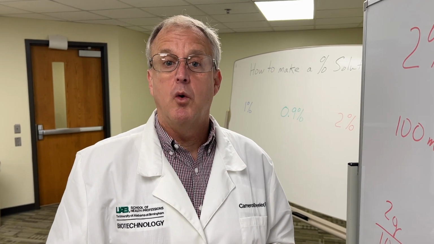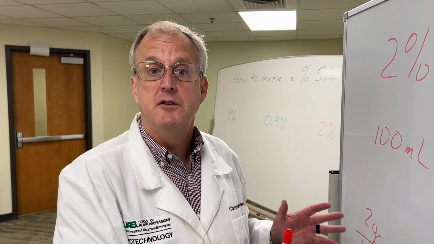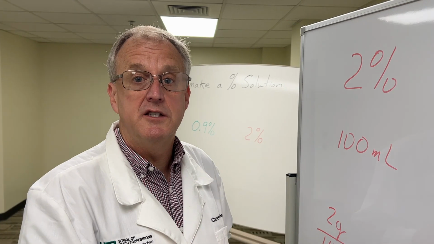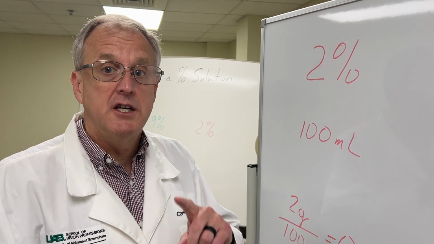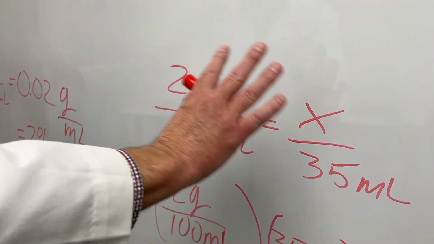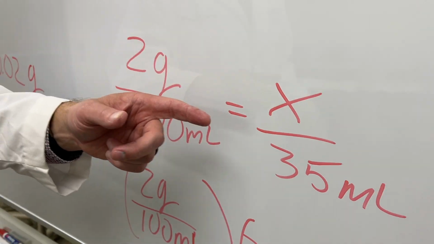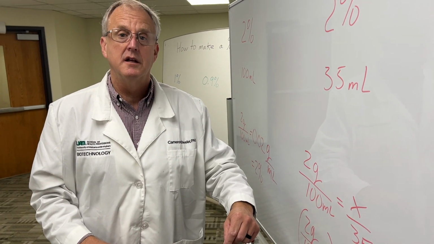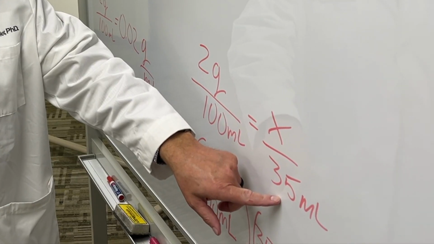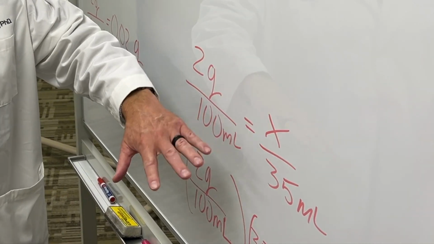As I've mentioned before, we can use the same setup to do any percent. Well, we're going to continue on for 2%, but we're going to change the volume to 35 mils. How do we do this? Set up everything as before. 2 grams divided by 100 mils equals, now we have X, the unknown, and we have our total volume, 35 mils. Same ratio.